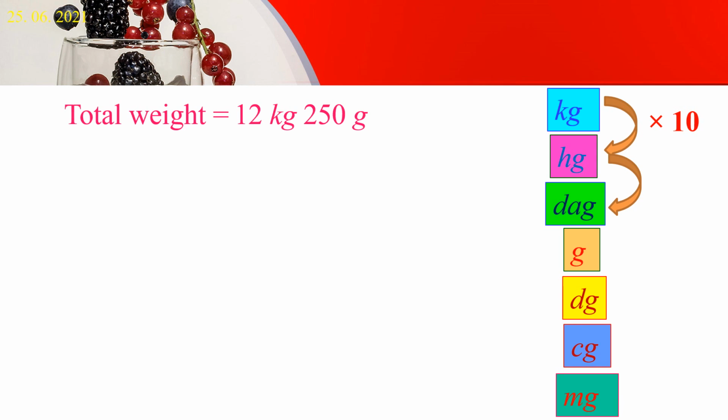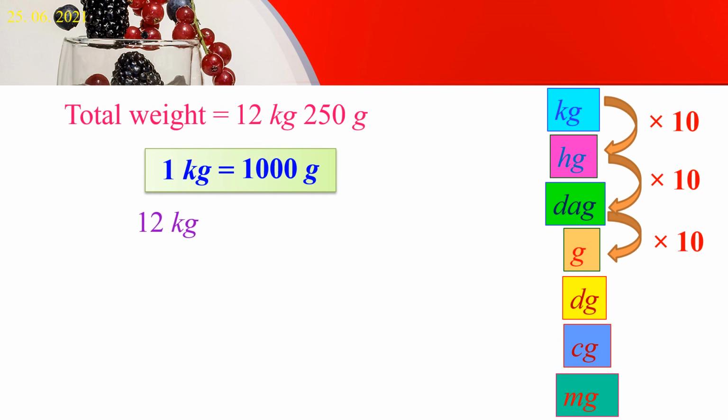From hg to decagram, we have moved 2 steps. Again, we have to multiply by another 10. On the third step, we have moved to gram. We have to multiply by another 10. So, we have to multiply 3 times by 10 to convert kg to g. So, 1 kg is equal to 1000 g.